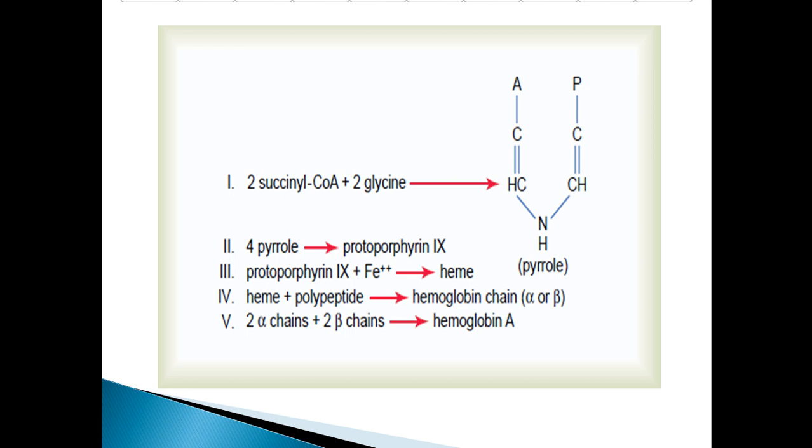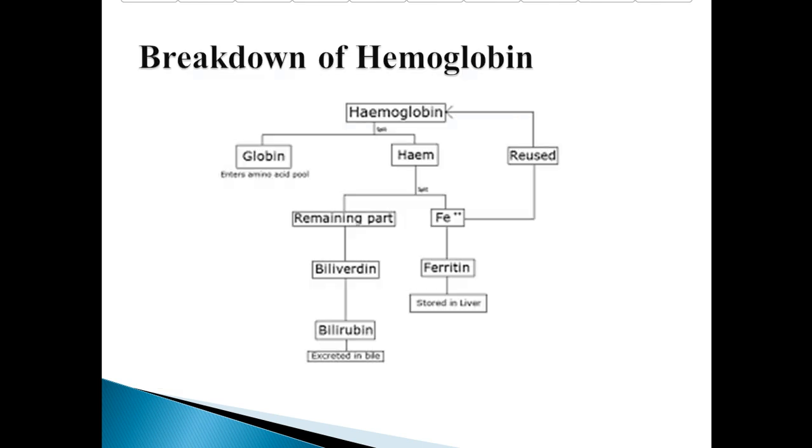So 2 alpha chains and 2 beta chains will give hemoglobin A, that is hemoglobin A1. So 4 pyrrole rings combine to form protoporphyrin 9, which combines with iron to give heme, and this heme then combines with globin or polypeptide to give hemoglobin. So it is about the formation of hemoglobin.